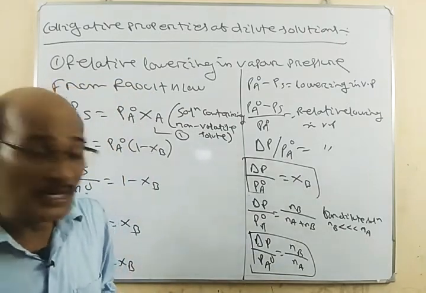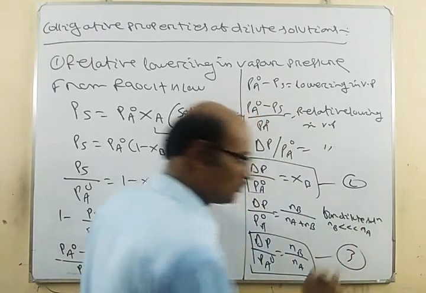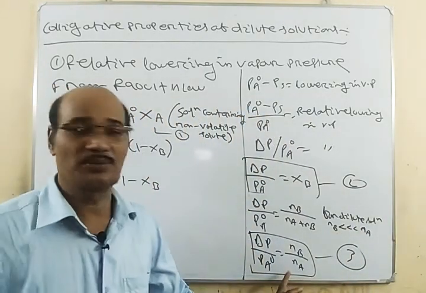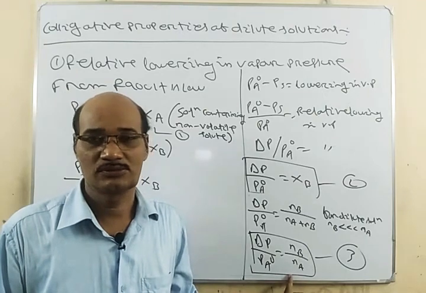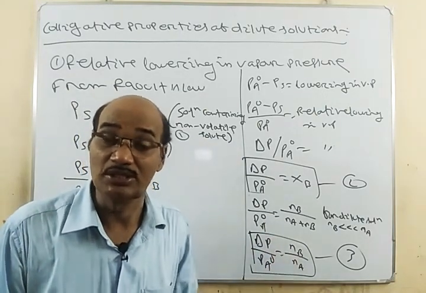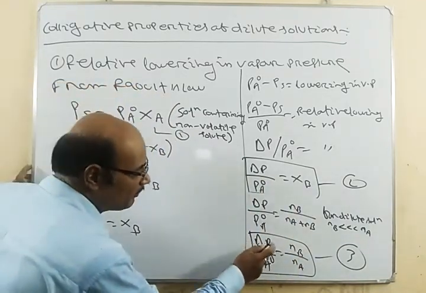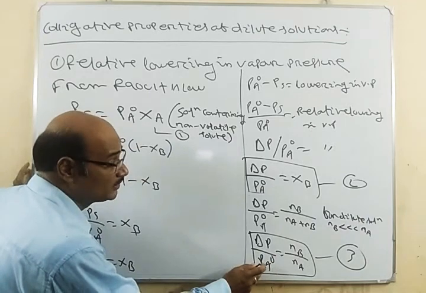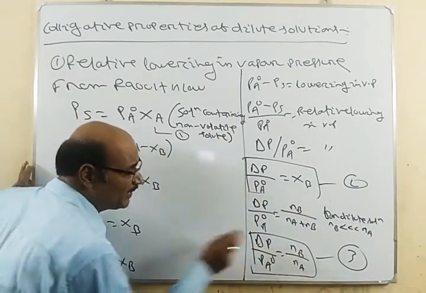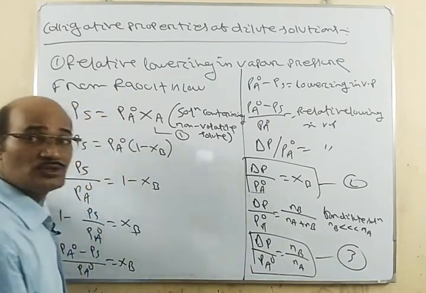So, relative lowering in vapor pressure depends upon the number of moles of substance. That's why relative lowering of vapor pressure is a colligative property, because delta P by PA0 depends upon NB by NA, the number of moles of solute by the number of moles of solvent.